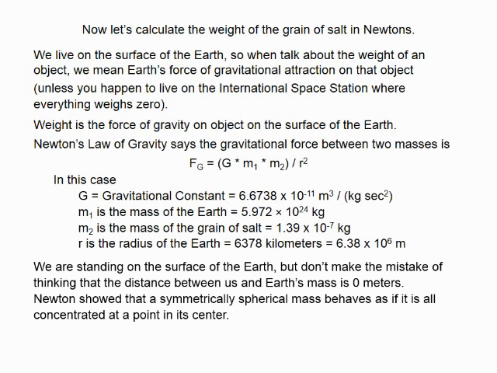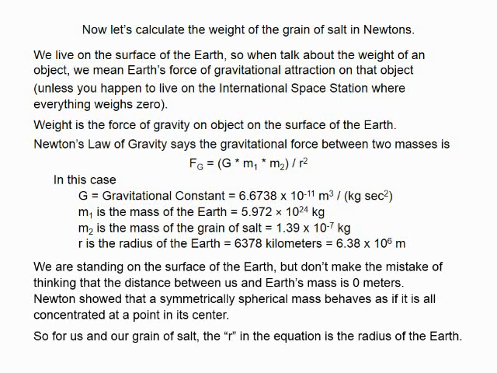We are standing on the surface of the Earth, but don't make the mistake of thinking that the distance between us and Earth's mass is 0 meters. Newton showed that a symmetrically spherical mass behaves as if it is all concentrated at a point in its center. So for us and our grain of salt, the R in the equation is the radius of the Earth.